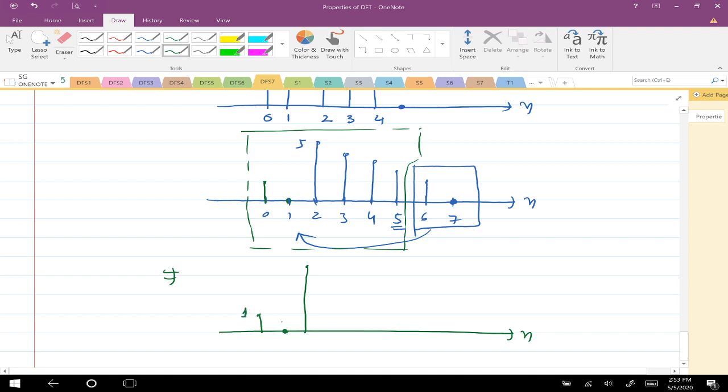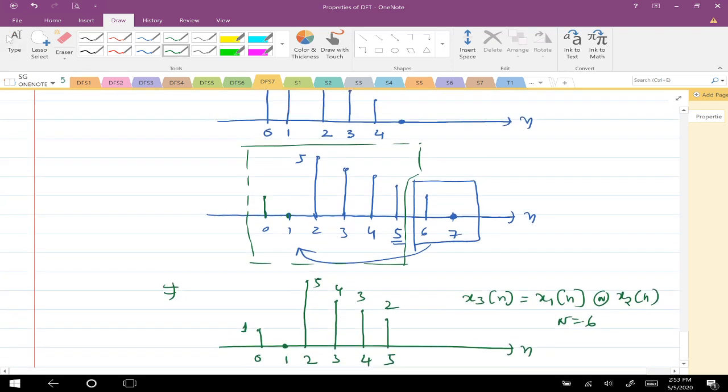This is 1 0 5 4 3 2, 0 1 2 3 4 5. That's what you would get as x3 of n, which is equal to x1 of n N-point circular convolved with x2 of n, where N equal to 6.